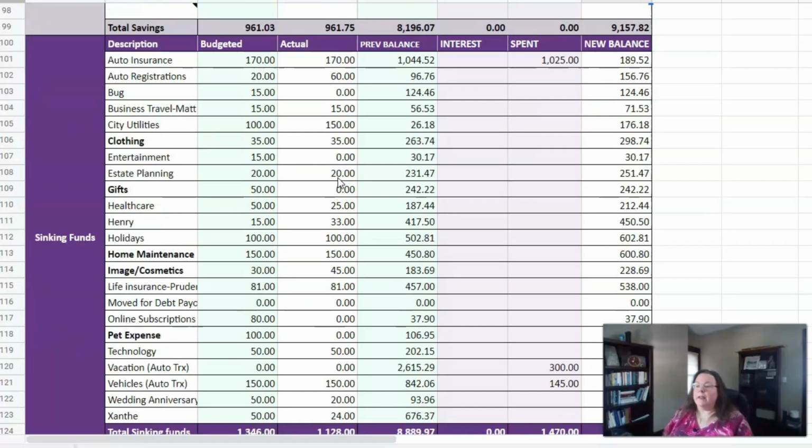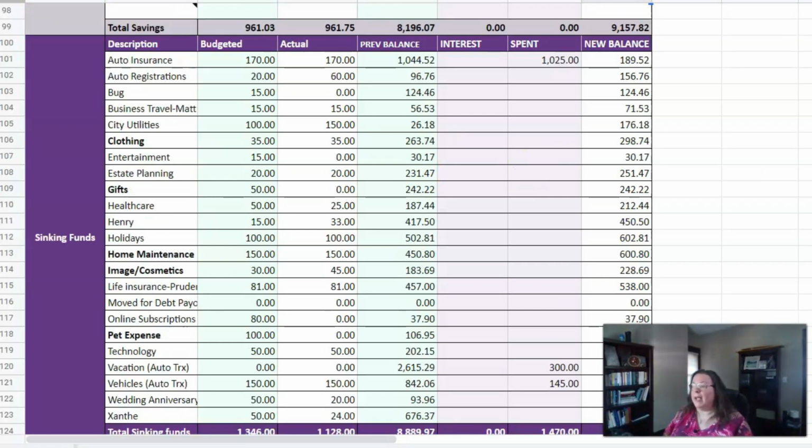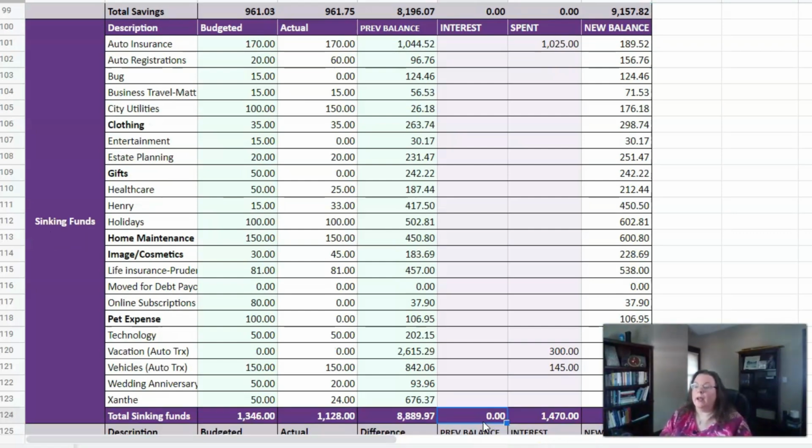All right, in sinking funds, we have a bunch of them. If you're new here, let me just explain a little bit here. Matt and I are both spenders, and we are terrible with money. And you saw that in the food and the miscellaneous sections up above. And so sinking funds are one of the ways that I can make sure that we have money for the things that come up, whether we know they're coming but they're not all the time, like auto insurance, the very first thing.